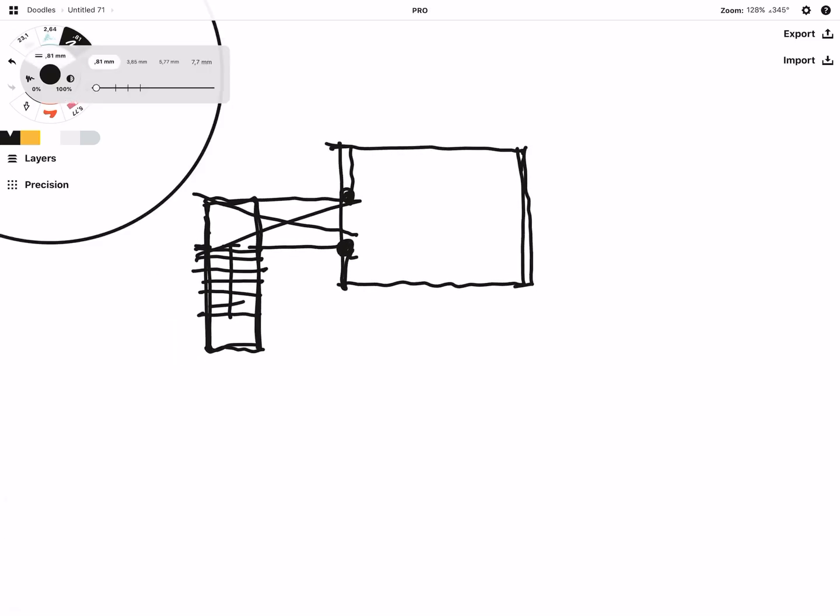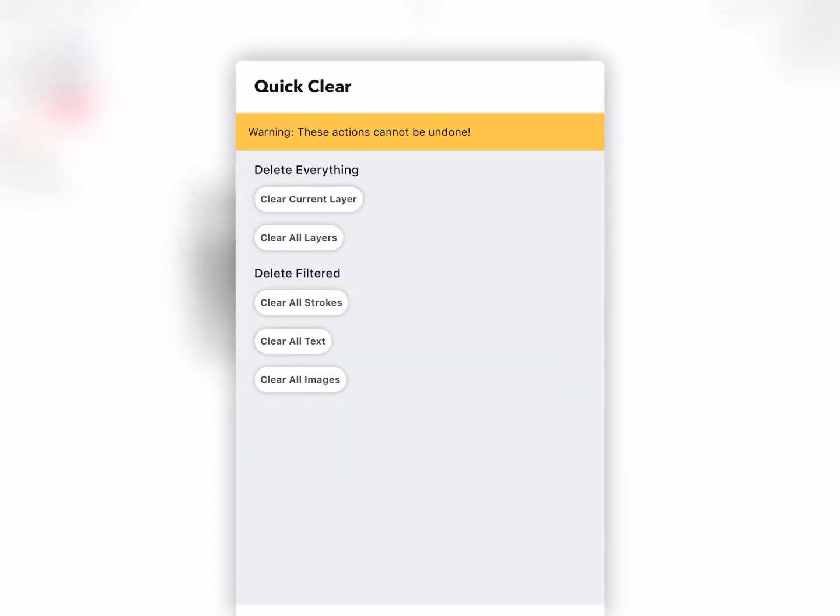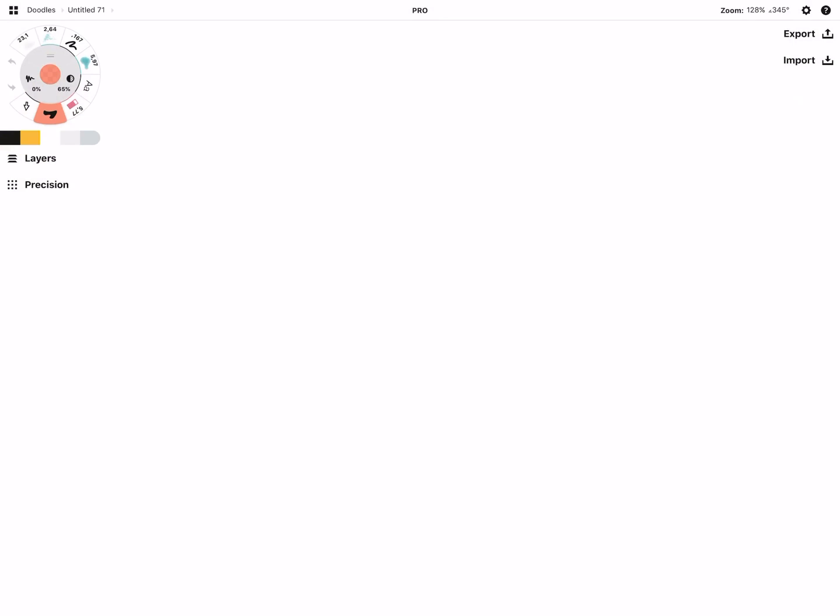Let me just make this pen a bit thinner. If I had a structure, it's not too thin. Staircase.